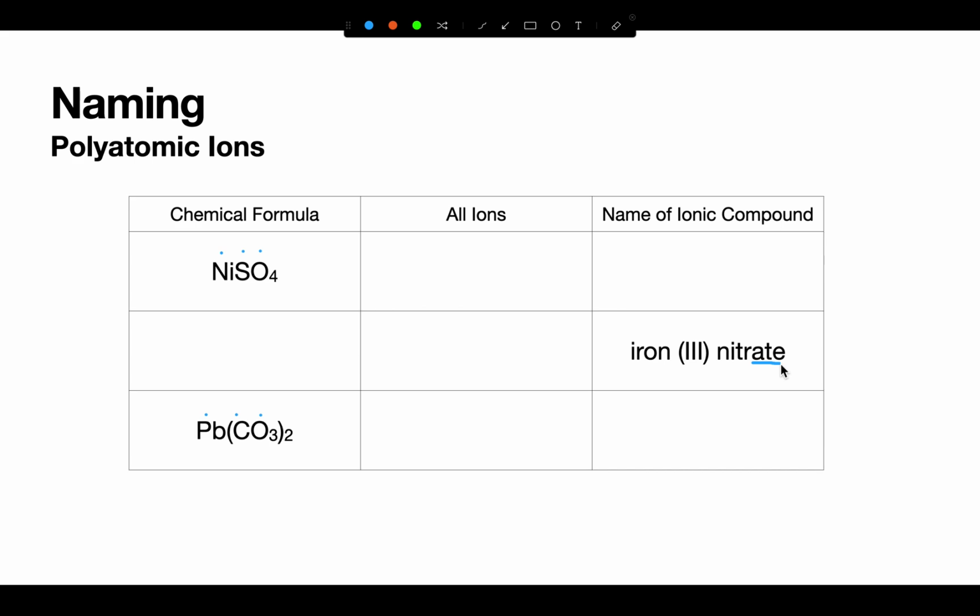In order to do this, you need a polyatomic chart that lists out the names of each thing. And so that polyatomic chart is in your notes, and so you would just go and find that SO4, or you would find the word nitrate, or you would find the CO3. And again, how do you know when you go to the chart? You go to the chart when you have 3 capital letters.